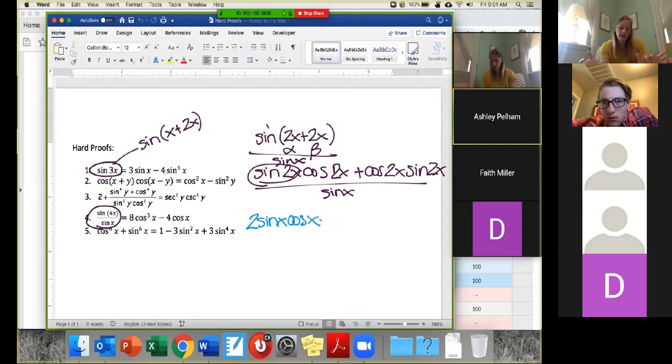Cosine of 2x, I have options, but looking at my answer, which ones should I probably choose? Maybe 2 cosine squared minus 1. That is where I would go because my answer is in terms of cosines. And that could end up being not true, and I need to use one of the other ones to cancel the signs out, but I'm just going to go with my gut on that one.